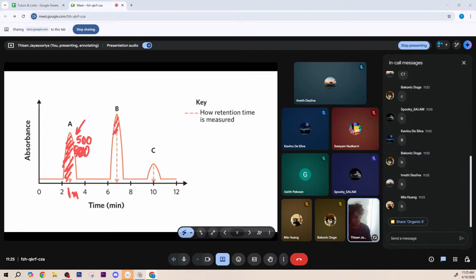Then we have this one over here, and this one was 750. That means this solution has a 1.5 absorbance. So if you look at the area under the curve, they'll tell you what the area is. You won't have to do calculus to figure this out.